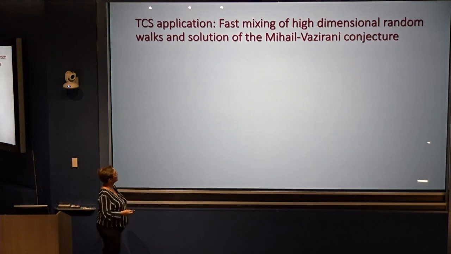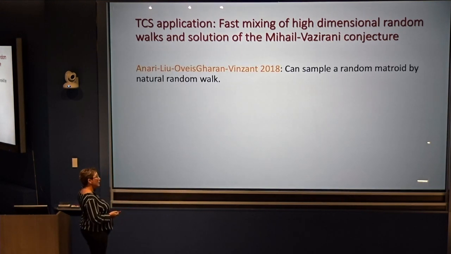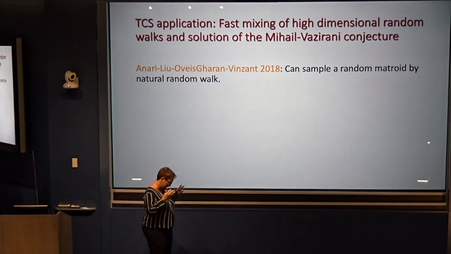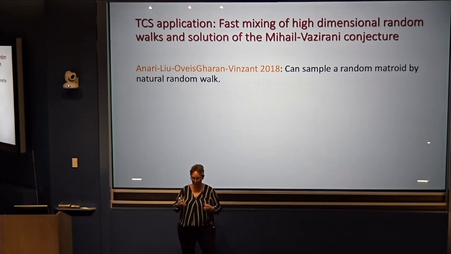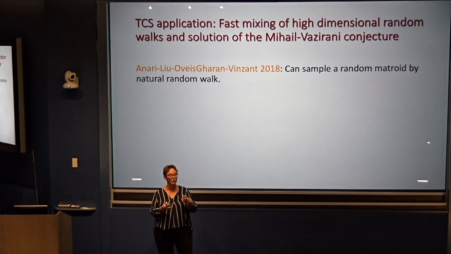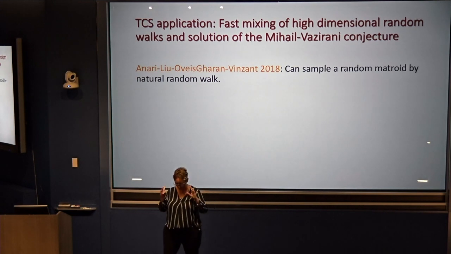It was finally resolved by Anari, Liu, Oveis Gharan, and Vinzant 2-3 years ago. And what they showed relates to the question I was talking about with the deck of cards. Instead of wanting to have a deck of cards with a perfect permutation, you want a random configuration of something else, of a matroid. So let me not talk about matroids in general.